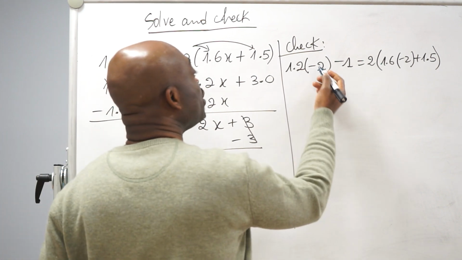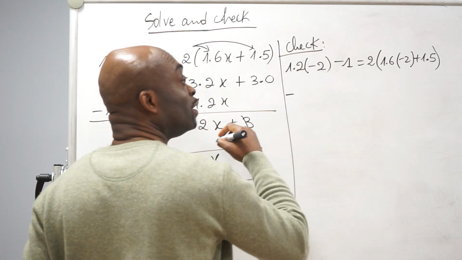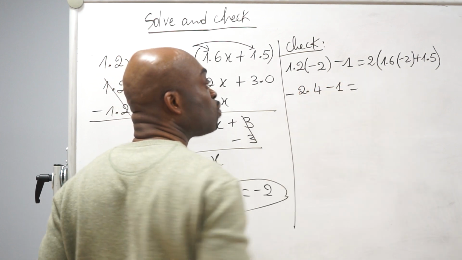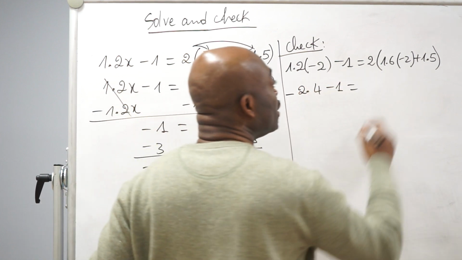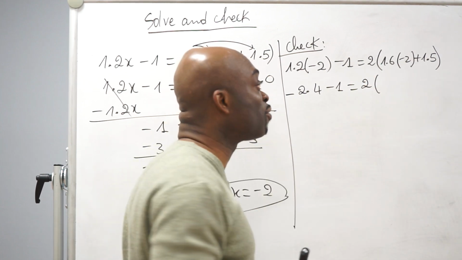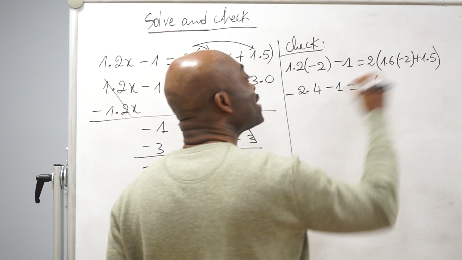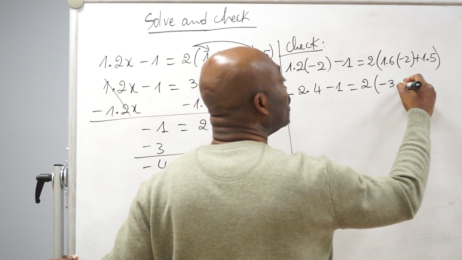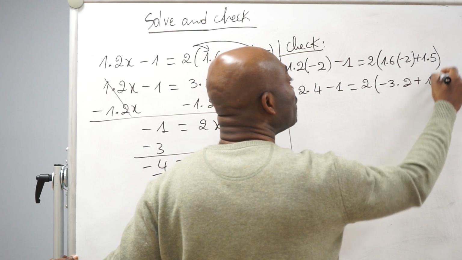From here we're going to multiply. This is going to give us -2.4 minus 1. And this one is equal to what? We do what we have inside the parentheses first, following order of operations. So this is 1.6 times -2, which gives us -3.2, then plus 1.5.